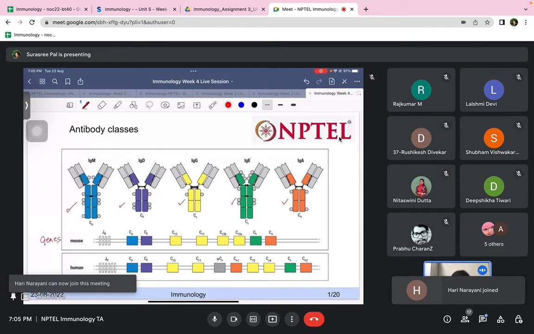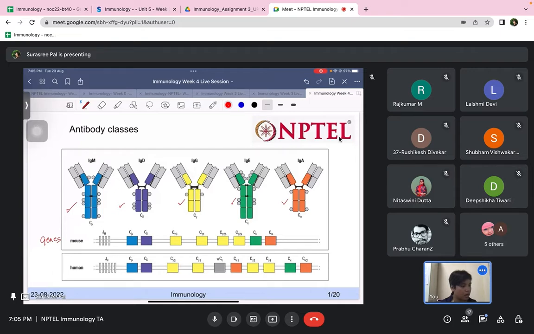These exons code for several different classes of antibodies. How these exons are differentially used to generate several classes of antibodies, we will see later.